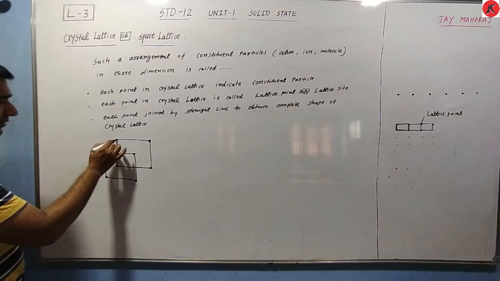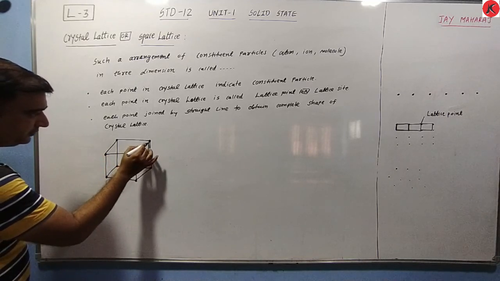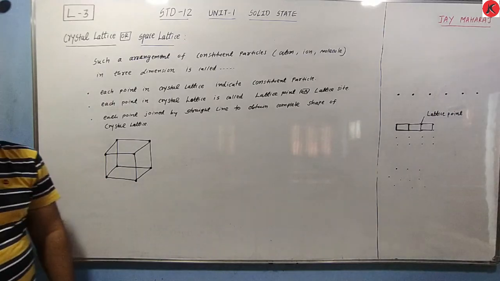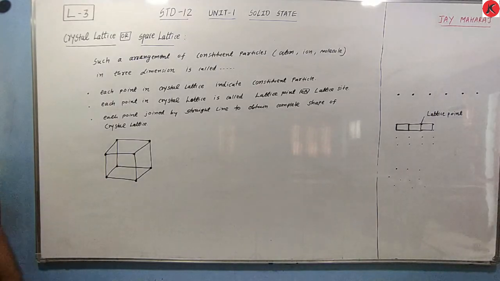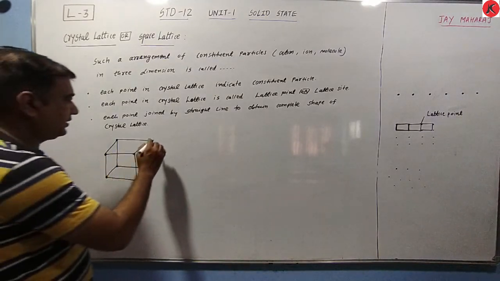We join by straight line. Then crystal lattice is obtained in 3 dimensions. That means here cube is obtained. Simple cube. Again, repetition is carried out in 3 dimensions.